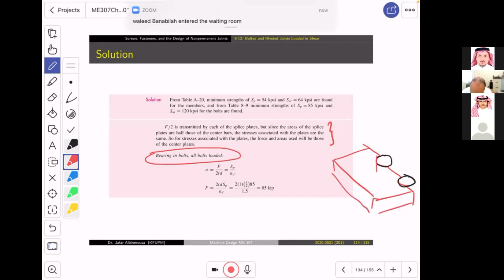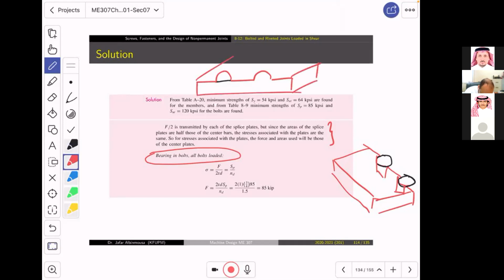Now, what I am assuming over here is the projected area. Which is the projected area? If you look at the plate from the top, you will see that you have this and this, the places where the bolts are. The projected area is simply this diameter multiplied by the thickness. So if this is the projected area, it is going to be like this.